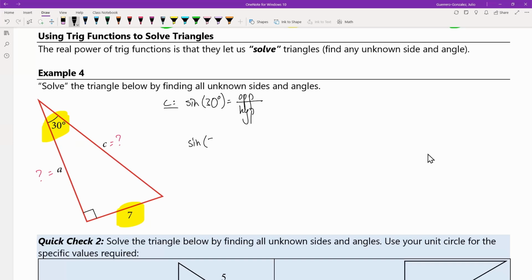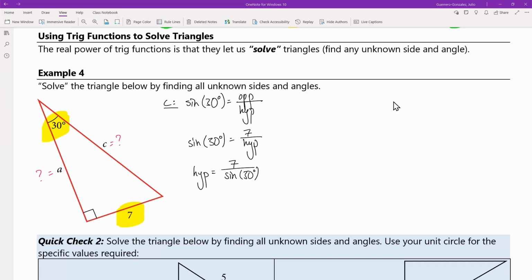Sine of 30 degrees is 7 over hypotenuse. So if you do the arithmetic correctly, my hypotenuse should be equal to 7 divided by the sine of 30 degrees.